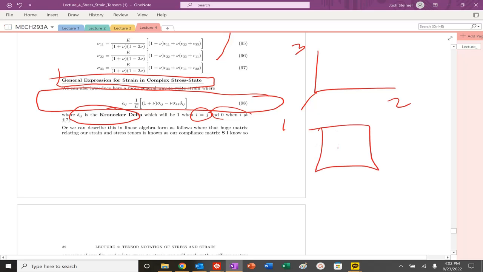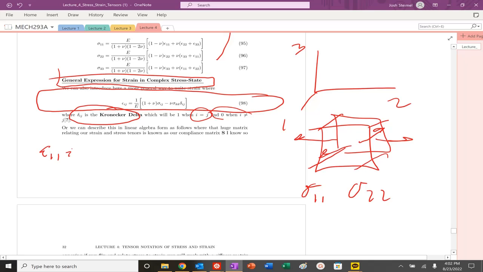So for example, let's say I have that stress state that we saw above. So I have my cube, and then in that stress state I had stress in the 1-1 direction, and stress in the 2-2 direction. So let's just write out what would be the strain in the 1-1 direction. Well, looking at this equation, 1 over E times 1 plus nu times sigma 11 minus, now i is equal to j here, so this exists, so I have to sum over, minus nu sigma 11 minus nu sigma 22 minus nu sigma 33.